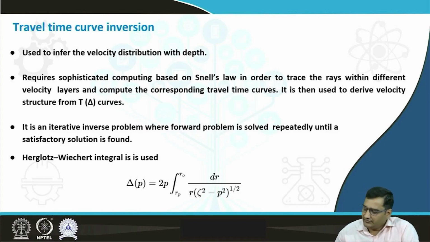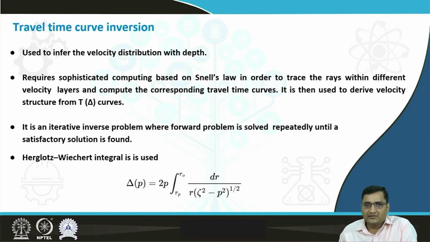It is then used to derive the velocity structure from the travel time curve. In this inversion, we generally follow iterative techniques, and it solves the inverse problem, where the forward problem is solved repeatedly until a satisfactory solution is found.